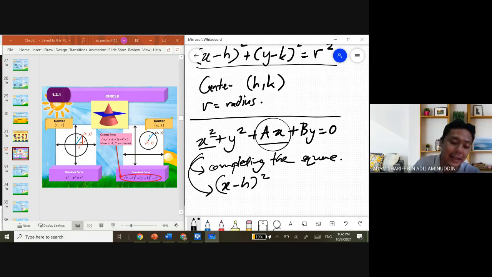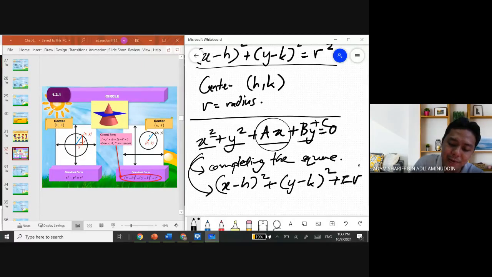Kita ada ax kat sini. Nanti kamu akan lihat lah. And y squared plus by, tambah c lupa tulis, can be simplified into (y minus k) squared plus, tukar kepada r squared. It might not be necessary with r, but it can be changed into that.